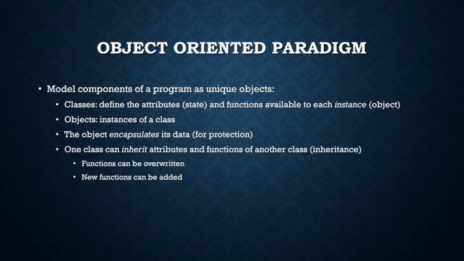In object-oriented programming, we model components of the program as unique objects. A class defines the attributes, or what we call the state, data, and also functions that are available to each instance of that class, which is an object. So objects are instances of a class. A class is like abstract.